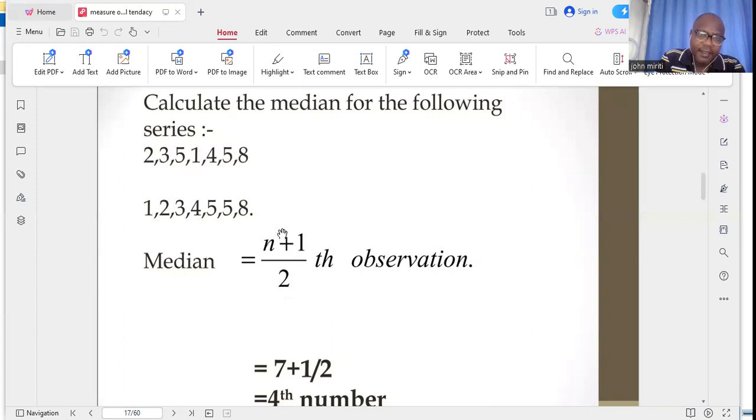In this case, n is 7, which is 1, 2, 3, 4, 5, 6, 7. So all of these are 7 observations, represented by n. Then you add plus 1.